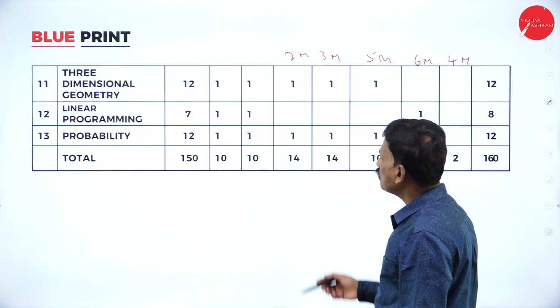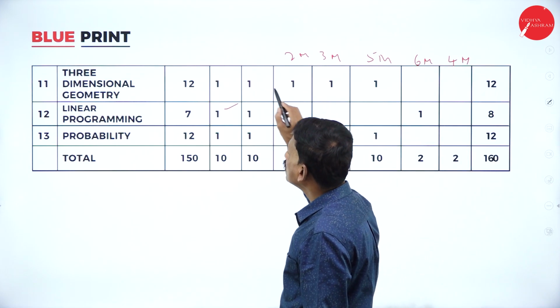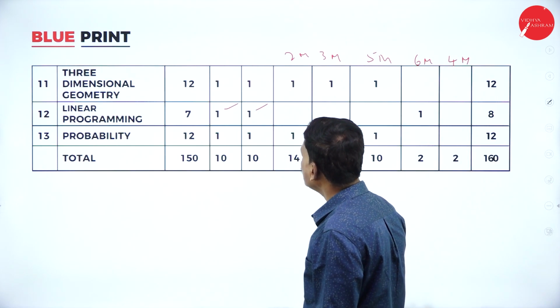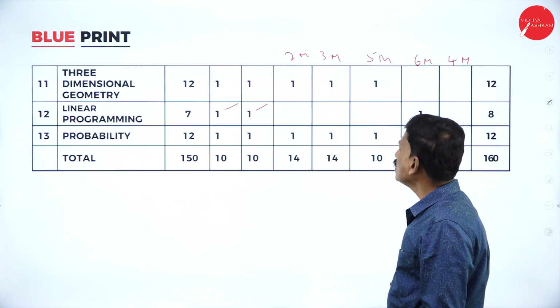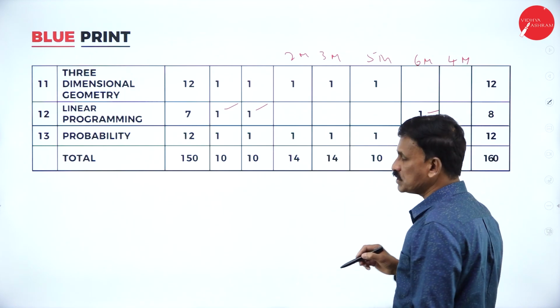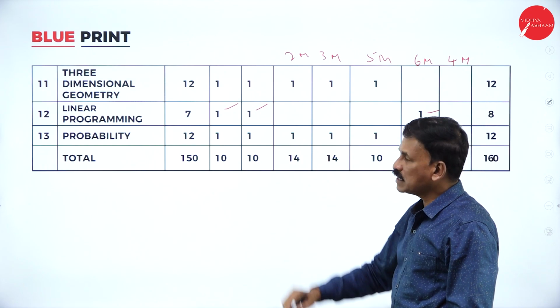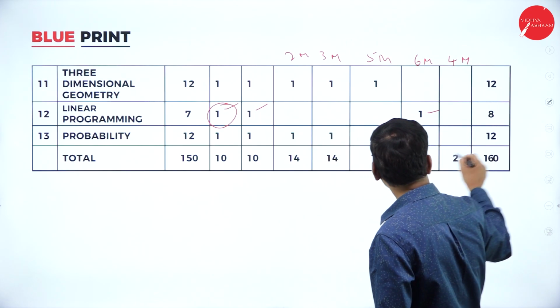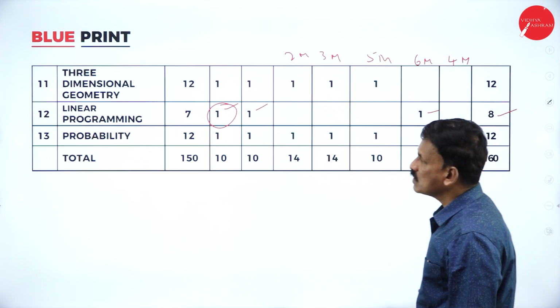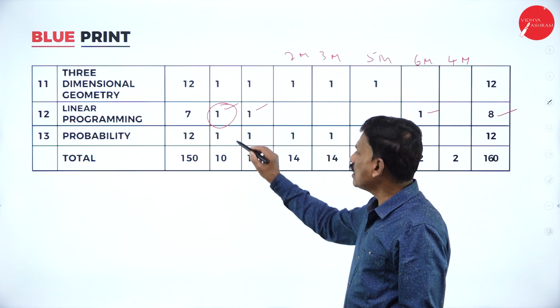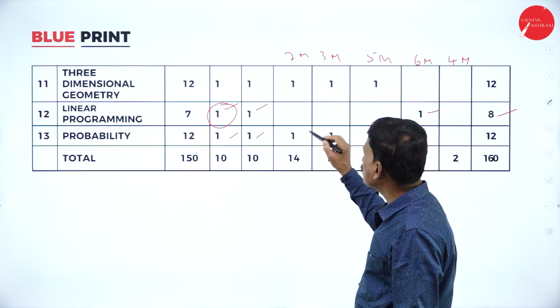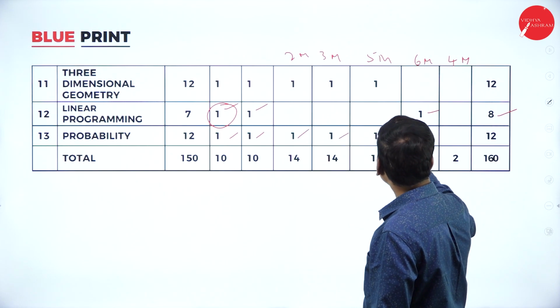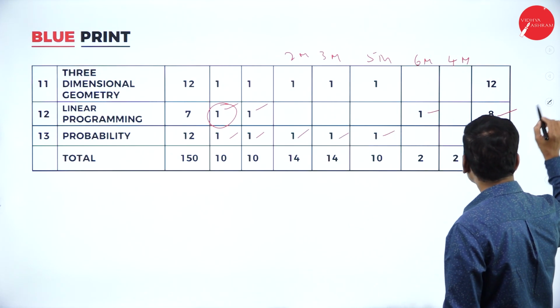In linear programming you will have one MCQ and one 1 mark question, then one 6 marks question. So this time you will have an extra question in linear programming problem, that is one MCQ question will be there. Totally you will get 8 marks from this. And in probability you will have one MCQ and 1 mark question, one 2 marks, one 3 marks and one 5 marks. So totally 12 marks.